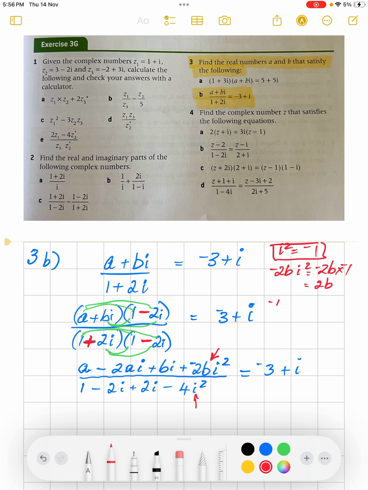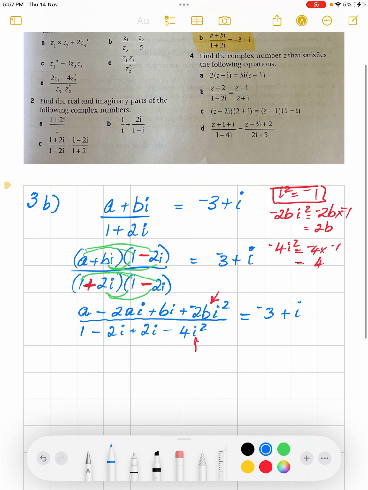And on the denominator, negative 4i squared becomes negative 4 times negative 1, which becomes positive 4. So let's change those. We've got a minus 2ai plus bi, and that becomes plus 2b. And we've got a 1. Now these cancel, minus 2i and plus 2i. So we change minus 4i squared into positive 4.